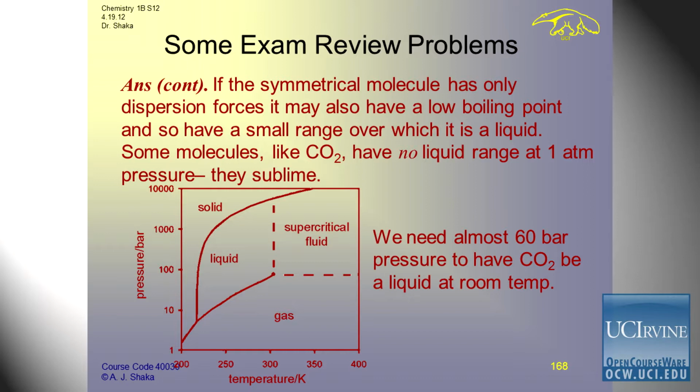So if something has a melting point of 0 degrees Celsius, like water, and a boiling point of 100 degrees Celsius, that's a 100 degrees Celsius range. That's not a big range. They're saying that when things have a very small amount of intermolecular forces, sometimes it can't even stay as a liquid very well.